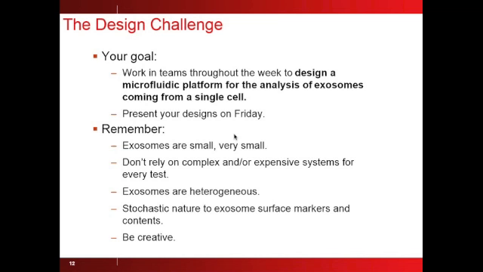So basically, what I want you to think about is how you could devise a platform in which you could separate cells into single cells and then analyze the exosomes that are being secreted by each of these cells. So by this, you can analyze one cell, get a profile, for example, of the exosomes that are being secreted. Then you go to the next cell, do the same thing. And then by the end, when you have your population, you might see a trend, right?